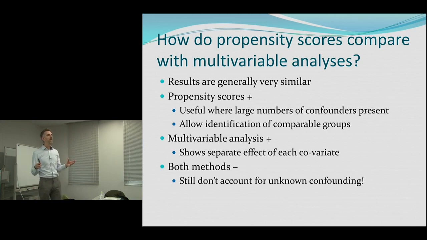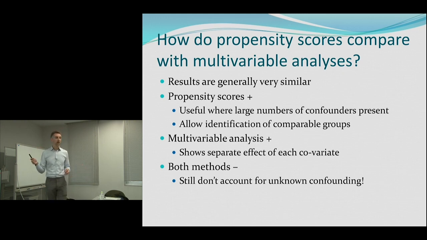The other reason why I think they've got an advantage is they allow us to see within our study population who is genuinely comparable, so that I can get rid of the obese burger eating guys and the yoga women from my study population. They give me an opportunity to do this.